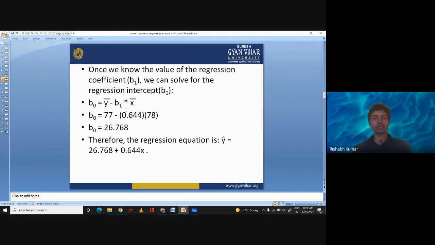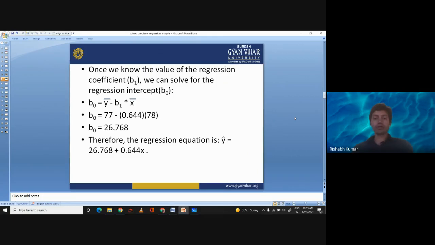By solving this we get b naught, the regression intercept of the regression line, that is 26.268. Therefore the regression equation is y equal to 26.768 plus 0.644x. So this is the equation of the line of best fit, or the regression line.